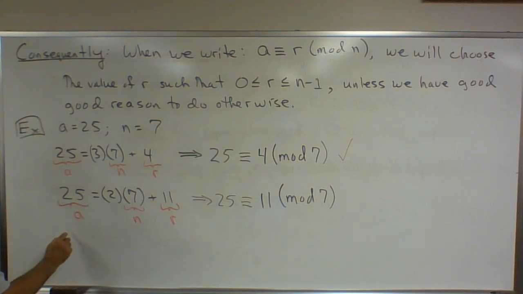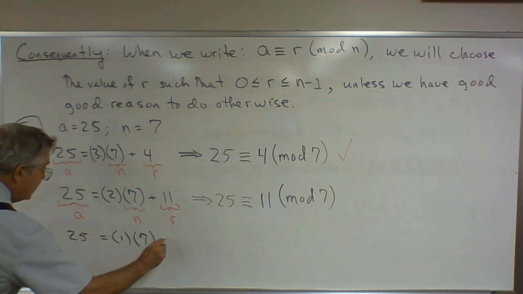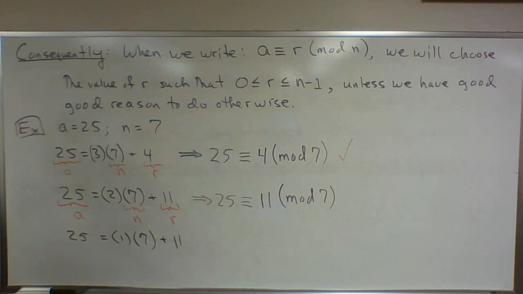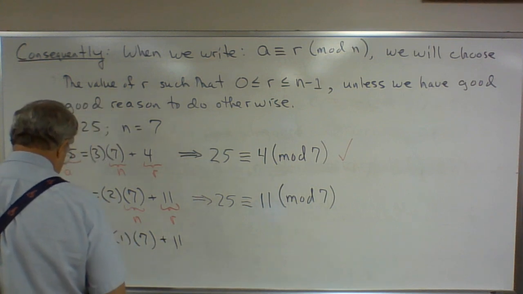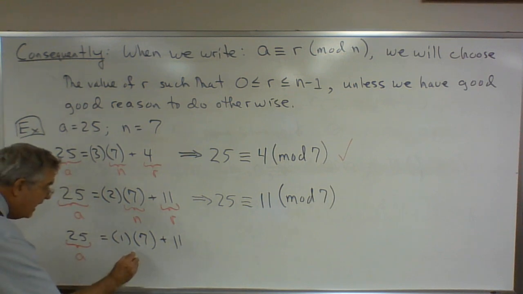Similarly, we could say 25 is equal to 1 times 7 plus 18. And again, 25 is our A, and n is our divisor 7.